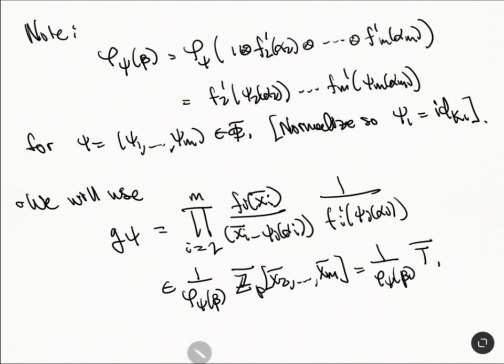Now we've set up everything, and we just check that everything performs as advertised. So what do we check?